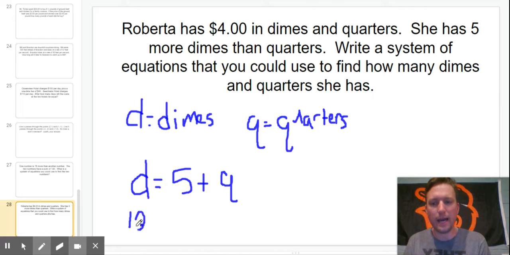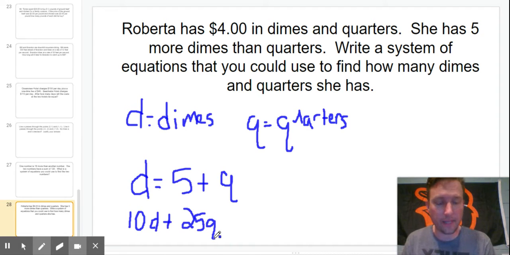So I would do 10 times D, because there's 10 cents for every dime, plus I would do 25 times Q, because there are 25 cents in every quarter, and that's going to equal $4, or in this case, 400.